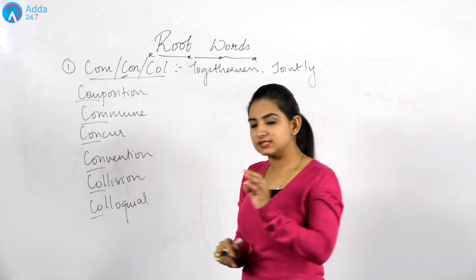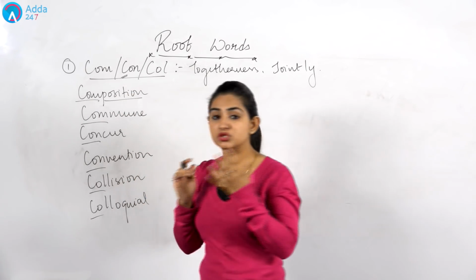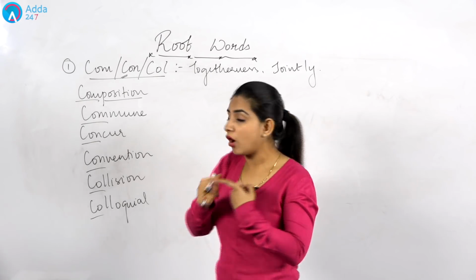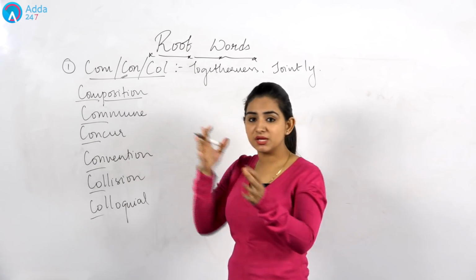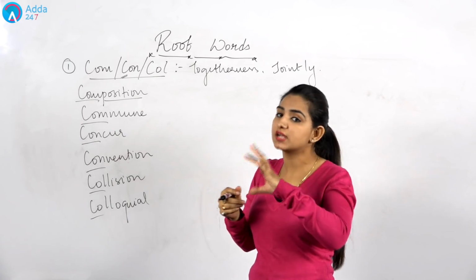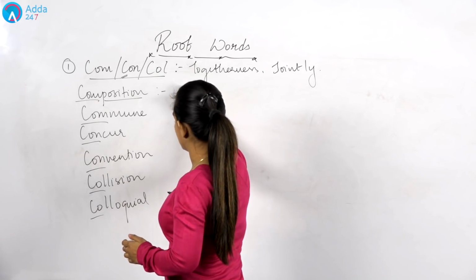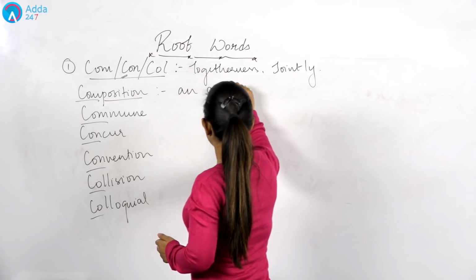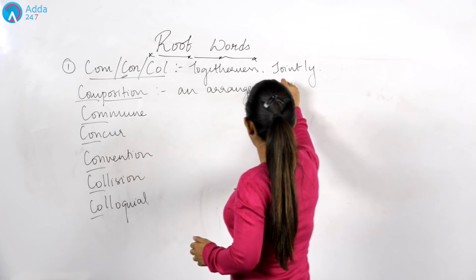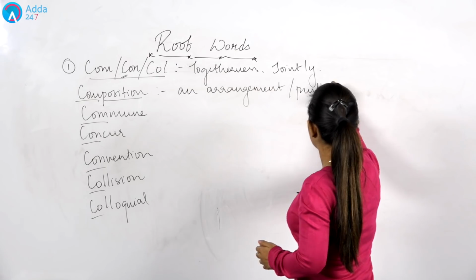Now understand this, when I say position, position with com means together, position means arrangement. So composition, what does this mean? It means arranging together. So composition is a word that says an arrangement or putting together.